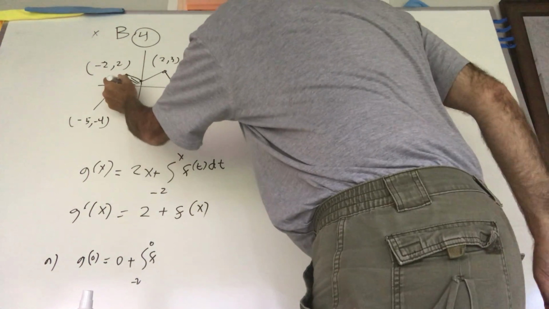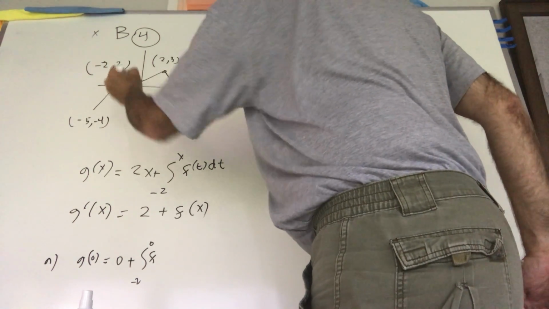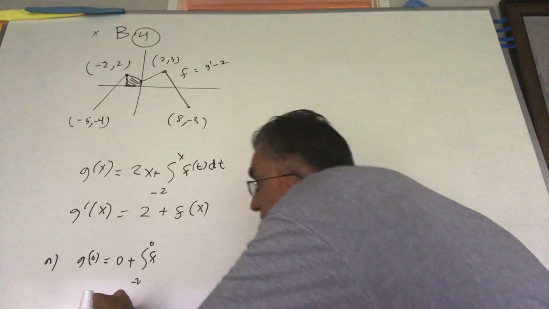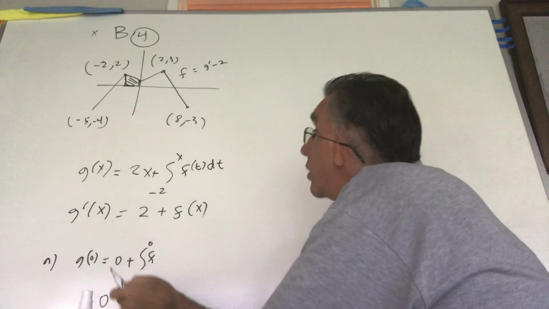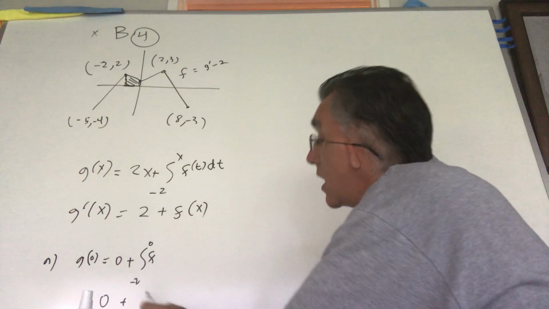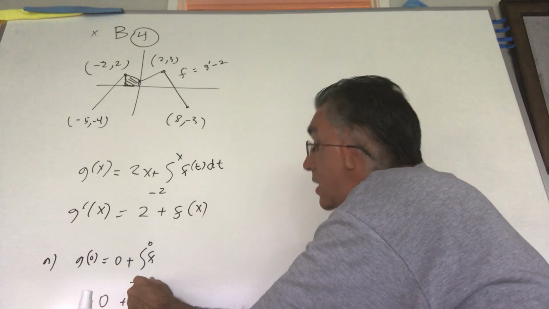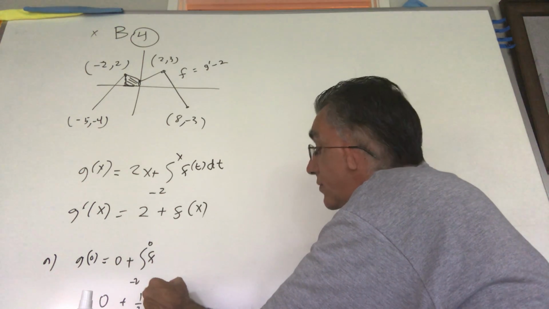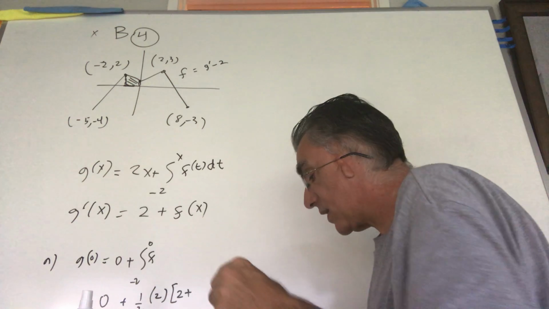Okay, so it's a trapezoid, right? So let's see what that means. So that'd be 0 plus, oh, okay, so let's see, 1/2 to the height of the first one is 2, and the height of the second one is 1.